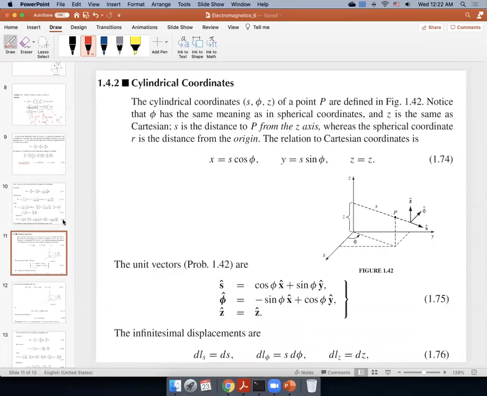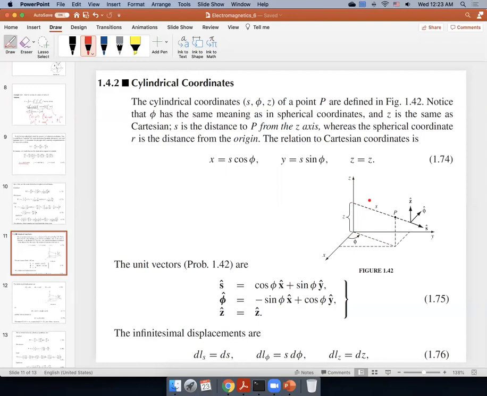Now let's look at the cylindrical coordinates. In cylindrical coordinates, as shown here, we have a z direction. We also have an s, which is here, and then the phi, which is the angle shown here.